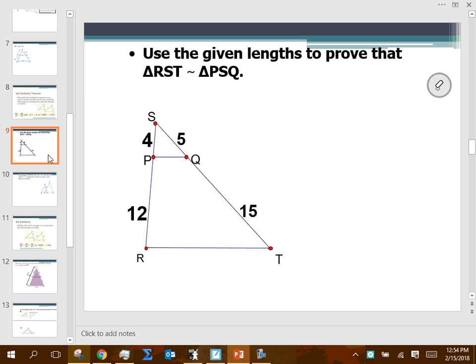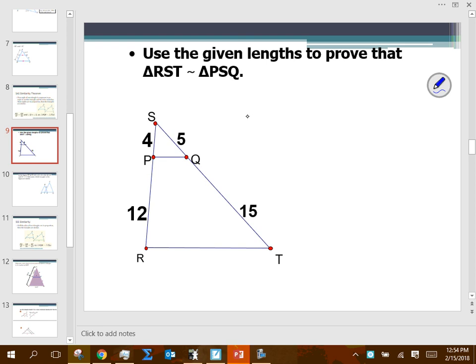All right, so do this example. It says, use the given lengths to prove that the triangles are similar. Even though it looks like that's parallel to that, we don't know that. If they were parallel, we could use angle, but we don't know that right now.